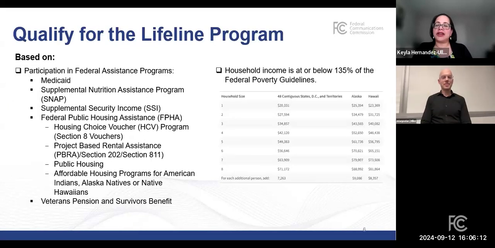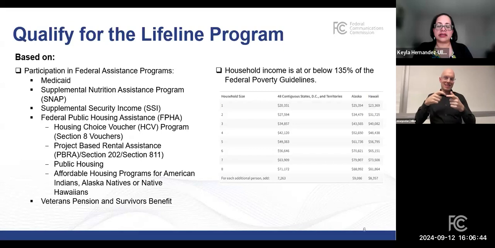We can't talk about Lifeline without a discussion about qualifying for the Lifeline program. There are two ways that consumers can actually qualify for the program. The first is by using their household income if it's at or below 135% of the federal poverty guidelines. Now, if qualifying based on income, you may have to show proof of income like a tax return or 3 consecutive pay stubs when applying for this program.